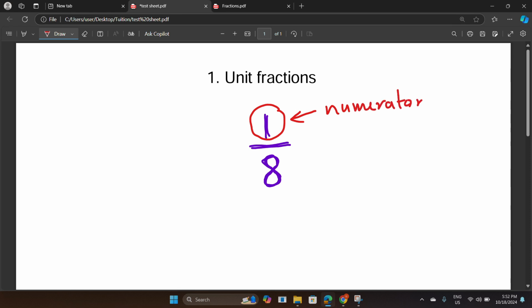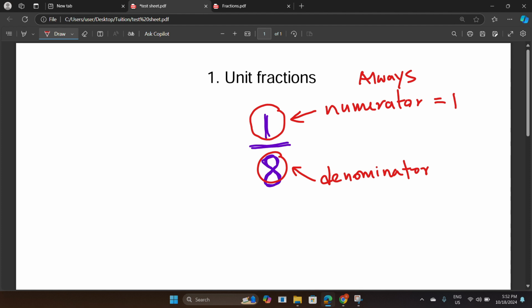And this number written below the line is called the denominator. Right? So in unit fractions, the specialty is that the numerator is always 1. Numerator is equal to 1. It is a must.